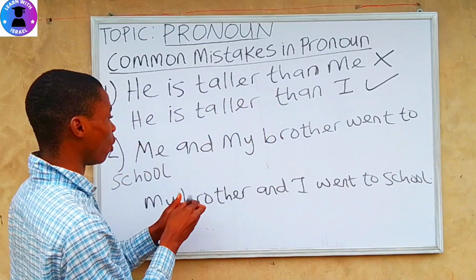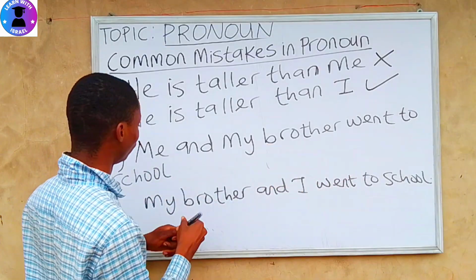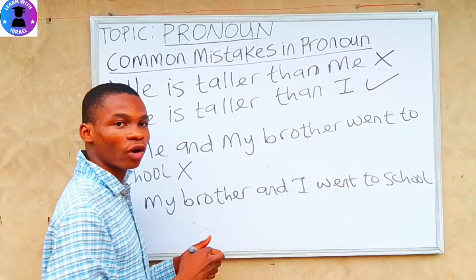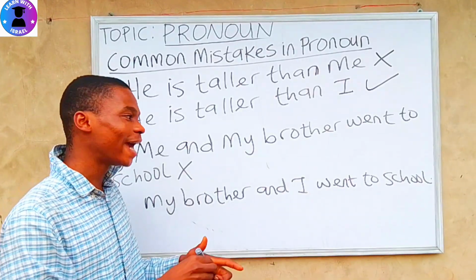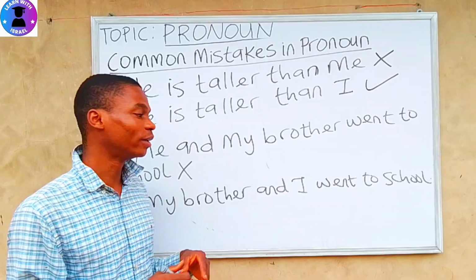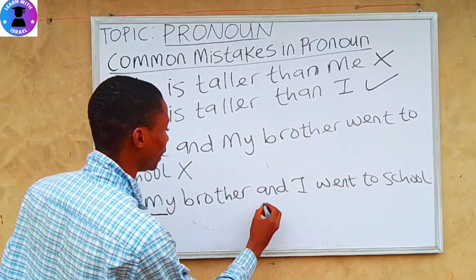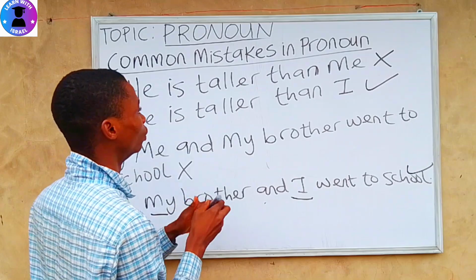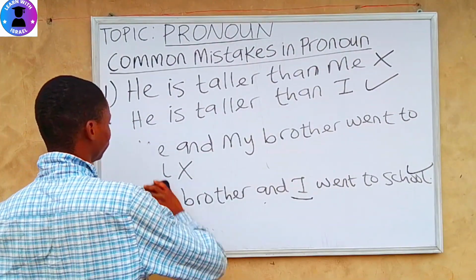So it is wrong to say me and my brother went to school. The correct one is my brother and I. It is also wrong to say I and my brother. I should come second. The right one is my brother and I went to school. So let's check the last one.